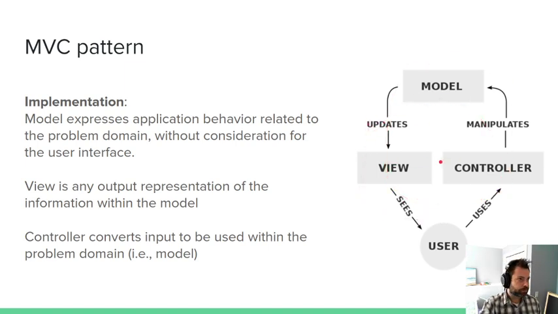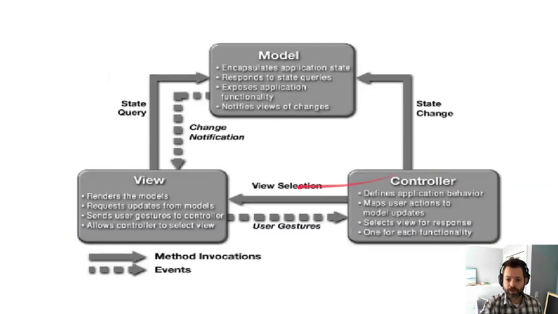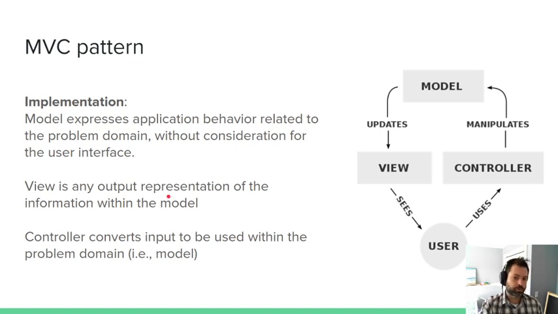Depending on your figure that you look at, there's going to be a link between the view and the controller. And actually I've got that here in a very, very pixelated figure. But basically the controller picks which view we're showing. Make sense? I know we talked about this before, but this is a little bit more detail for you all.